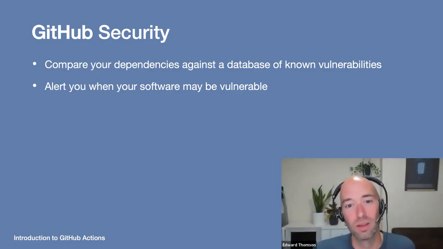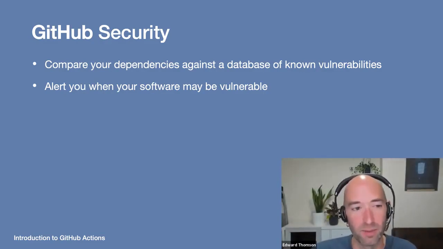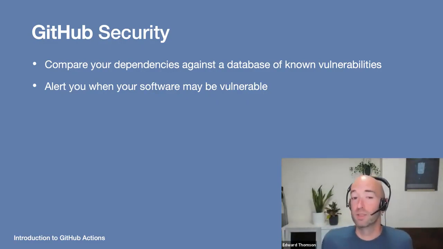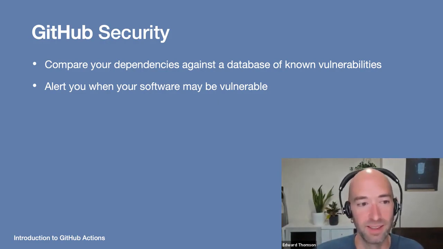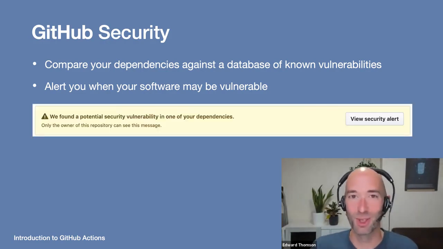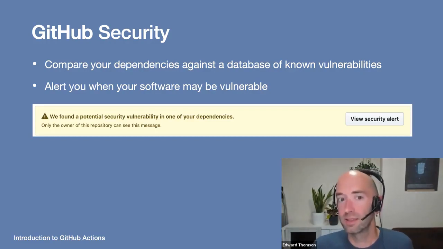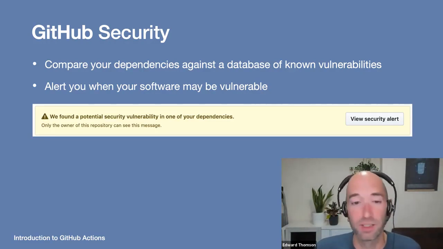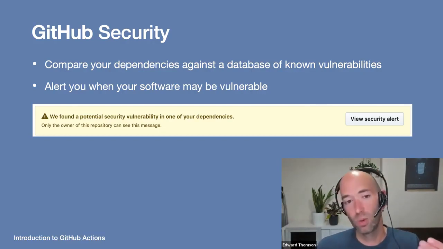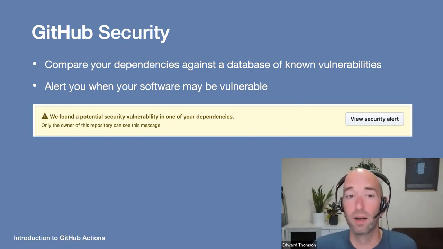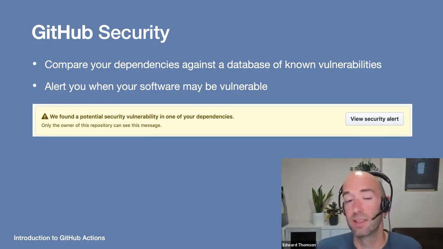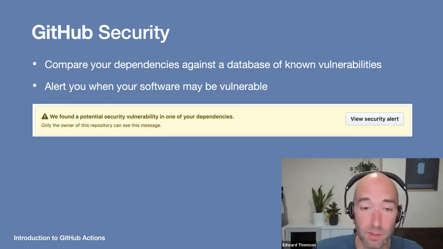The other cool integration that I just real briefly want to talk about is with some of GitHub's security products. So I'm not sure if you've ever seen this notice. This is a tool called Dependabot, which will analyze your repository, look at the dependencies that you're using, the open source packages that you depend on, and compare the list of packages that you are using with a list of CVEs. CVE stands for Common Vulnerability and Exposure.